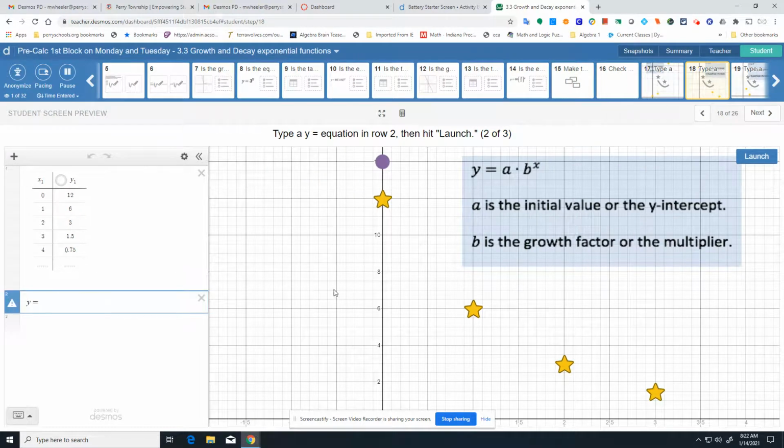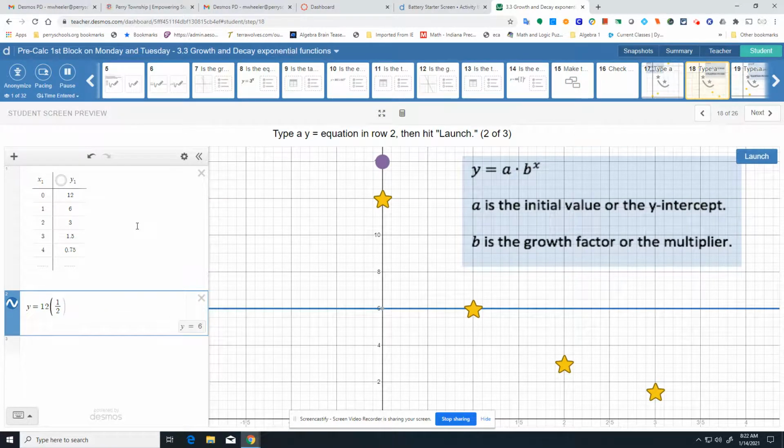So on this one, my y-intercept is 12. It's going to be times. And looks like on this one, I'm multiplying by 1/2. And then I need my exponent.